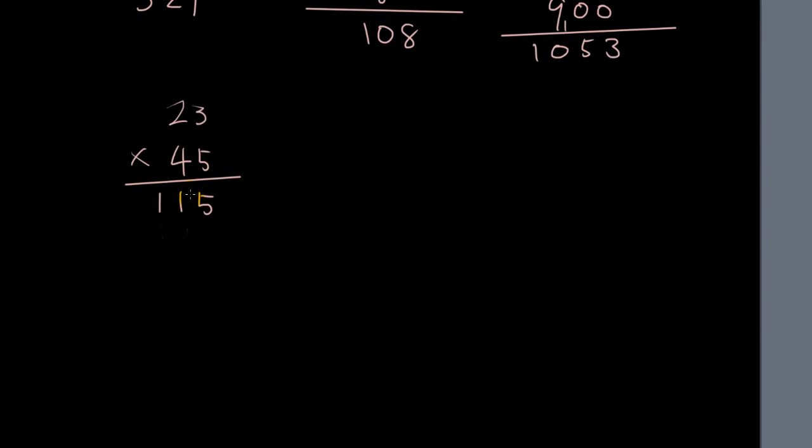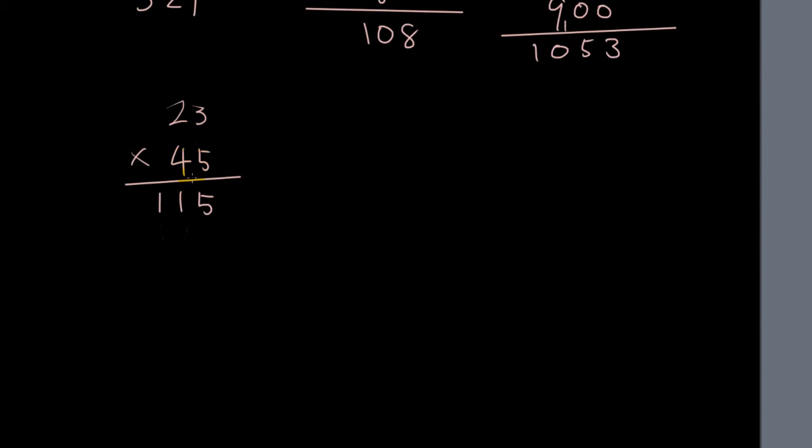Alright, so now we got 4 times 3 is 12. So basically we're done with the 5, right? We've already done 23 times 5, and the answer is here. So let's forget the 5 exists, and let's just do the 4 times the 23, whereas it's actually 40 times the 23.